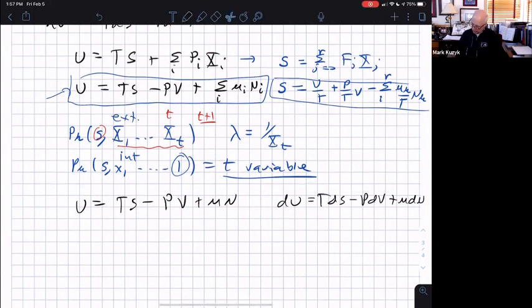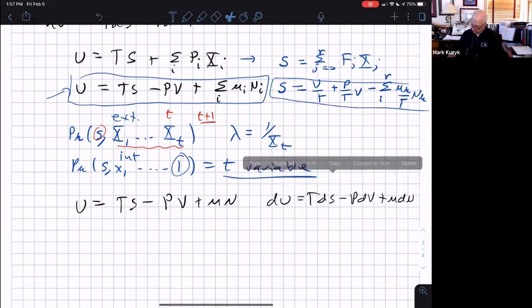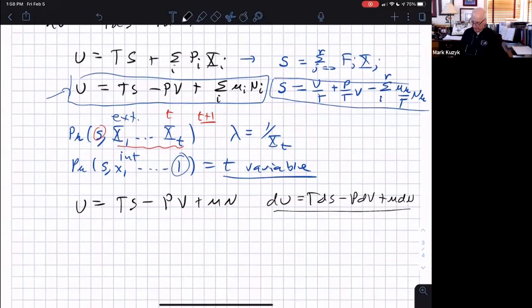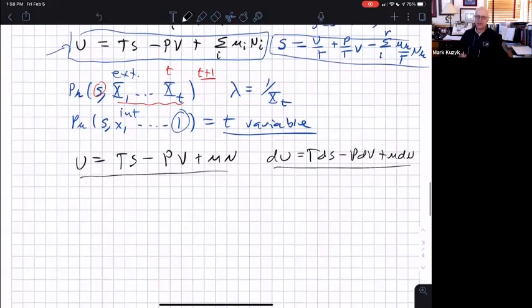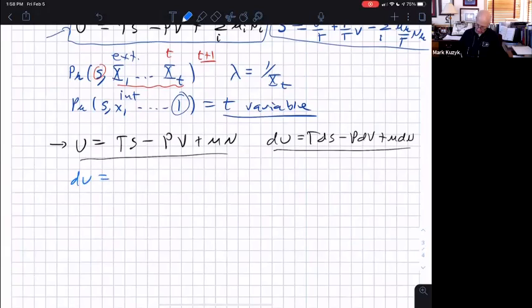We started originally with the expression on the right, and now we've derived the other based on the fact that these are first order extensive variables. Now let's differentiate this expression and see what happens. If I differentiate, I get dU equals T dS plus S dT minus p dV minus V dp plus mu dN plus N d mu.